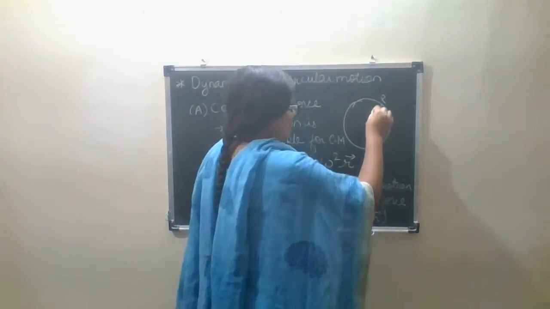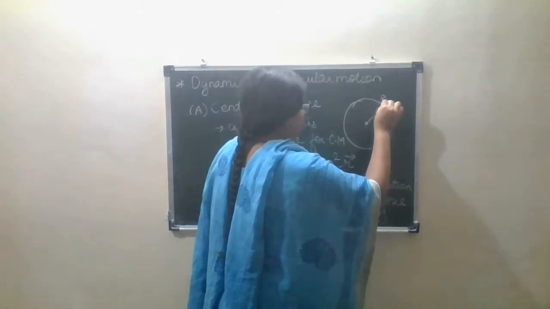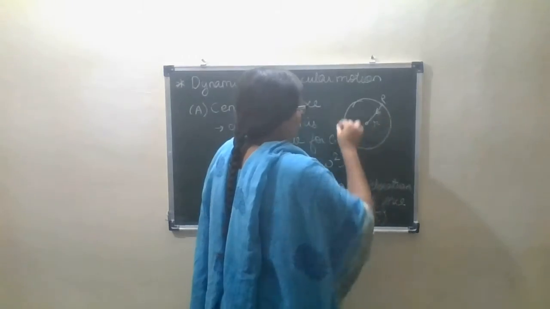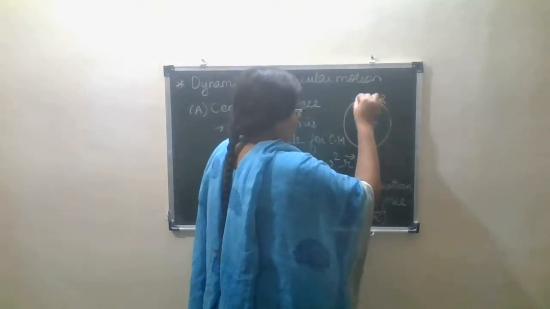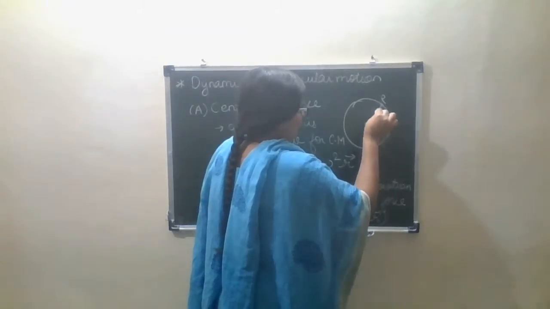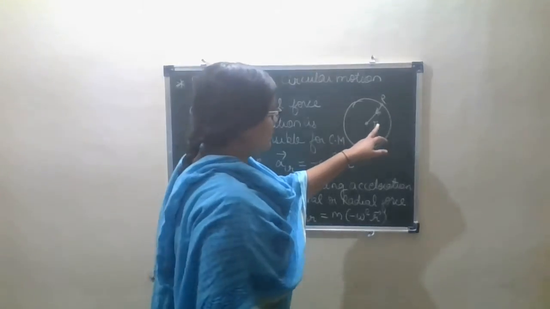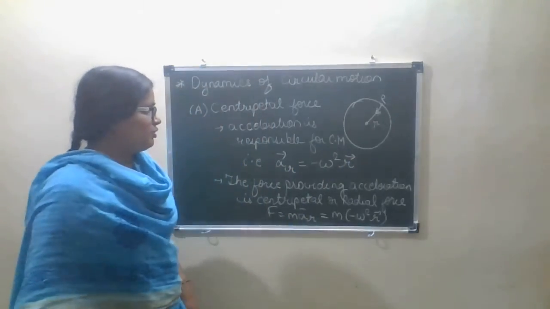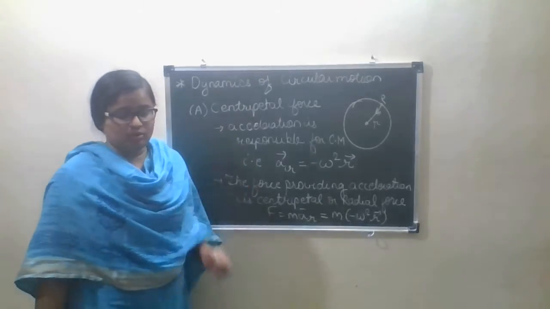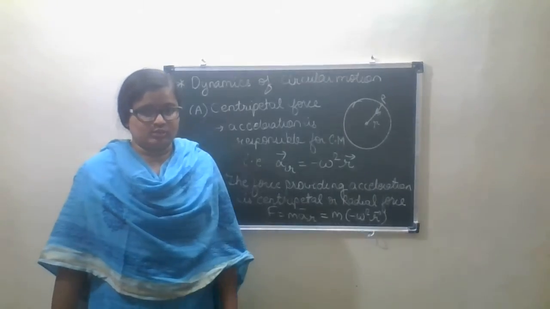This is the particle, moving round and round along the circumference of the circle, and the force is directed towards the center. It means the acceleration is responsible for the circular motion. If there is no acceleration, there will be no circular motion.